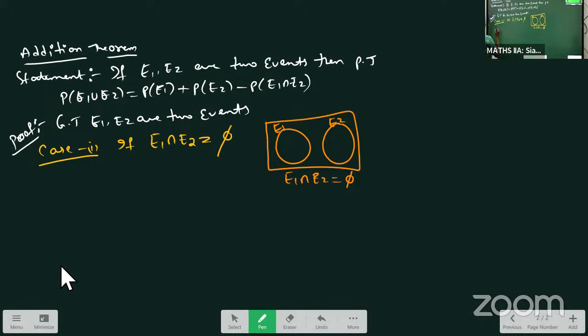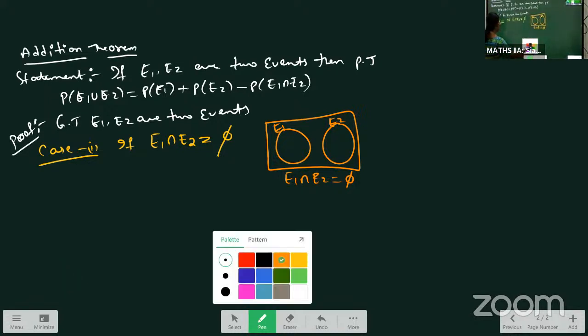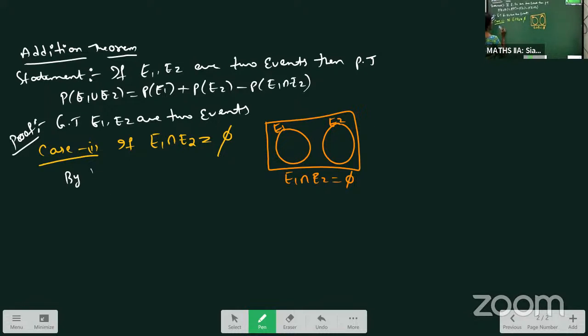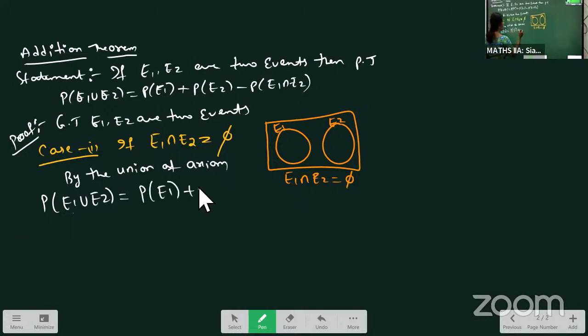Now, by the axiom of union, P of E1 union E2 by the definition is P of E1 plus P of E2.